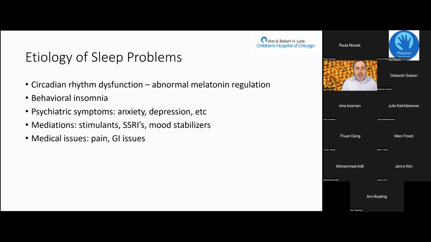Many of our children with autism and developmental delays are on other medications such as stimulants, SSRIs, mood stabilizers, all of which can disrupt sleep or disrupt falling asleep. And again, we should never forget about other medical issues. Children with developmental delay, children with autism often have other comorbid medical issues which can very easily spill into sleep.